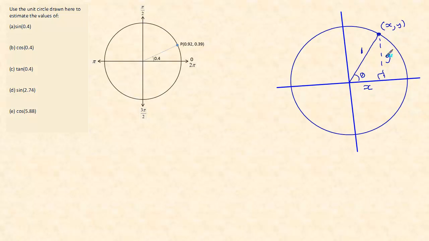So the sine is the opposite over the hypotenuse, so the sine is always going to be y, and the cosine is adjacent over hypotenuse, so that's always going to be the x.